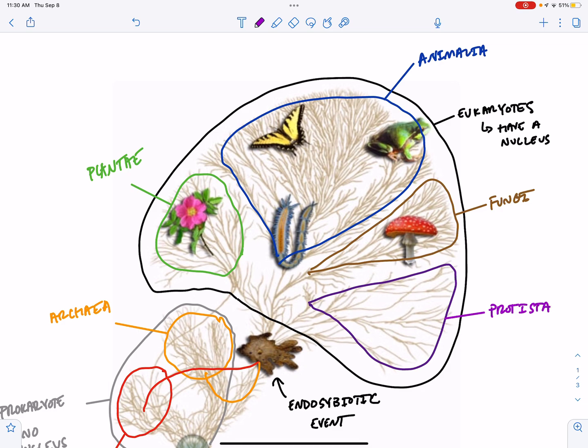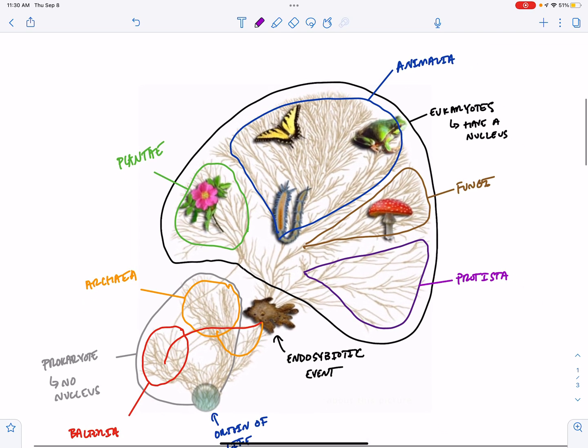Okay, so we have our different groups, our different kingdoms of life: plants, animals, fungi, and protists. These are all of our different eukaryotic life forms, but protists is actually a false grouping.